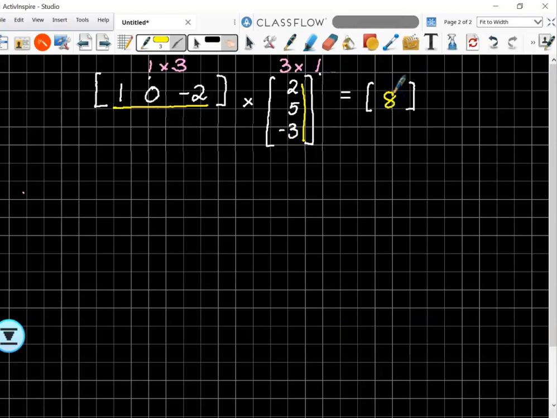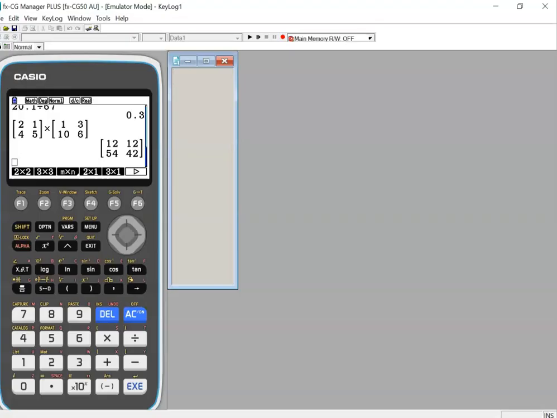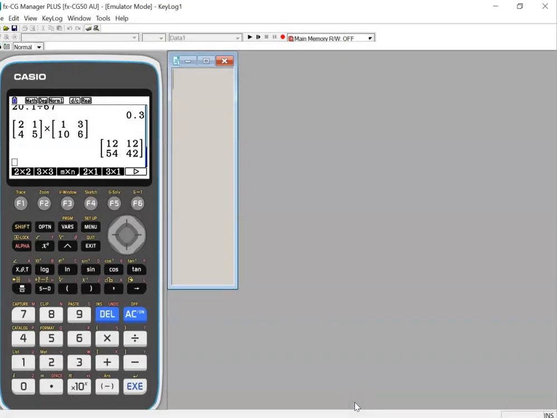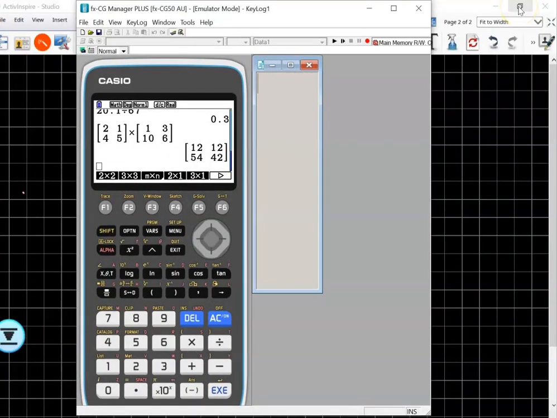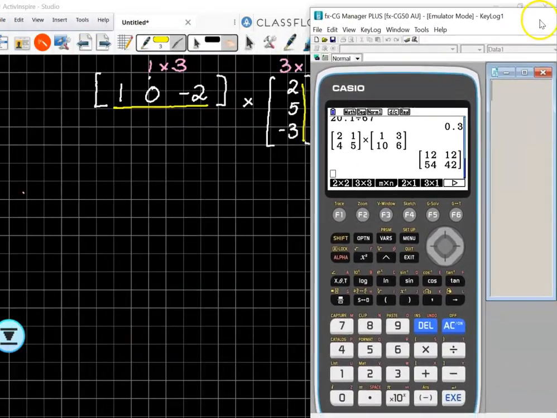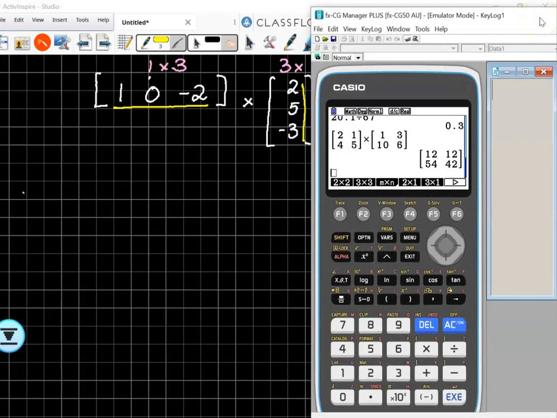What I was saying before is if you are a little bit brain dead, we do have a lesson on a Friday, so you could just type in the calculator. So I would just type in 1 times 2 plus 0 times 5 plus negative 2 times negative 3. Oh, I was about to say, and you're not going to stuff up.